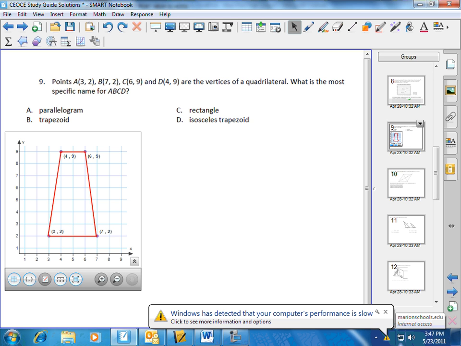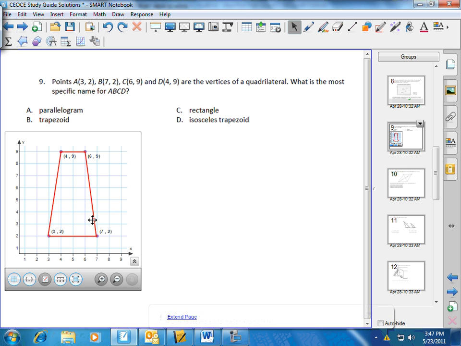But if you can graph it, we can see here that I've got a trapezoid here, and then if I were to compare the slopes of this side of the trapezoid and this side, I would see that they're the same. I'm going over 1 and down 1, 2, 3, 4, 5, 6, 7, over 1, down 1, 2, 3, 4, 5, 6, 7.